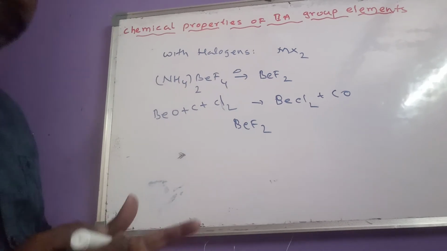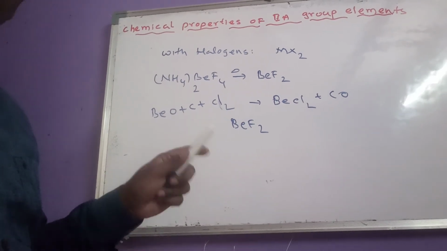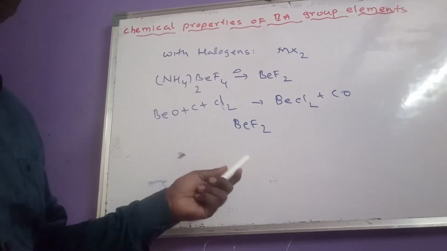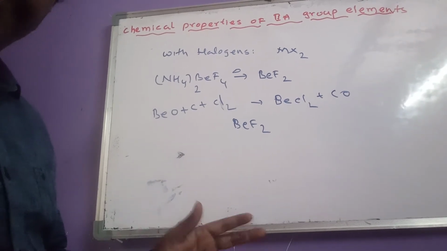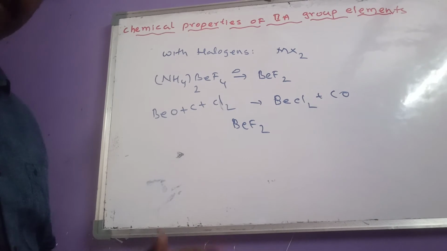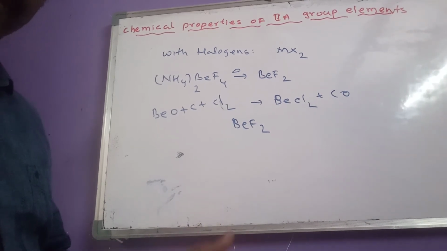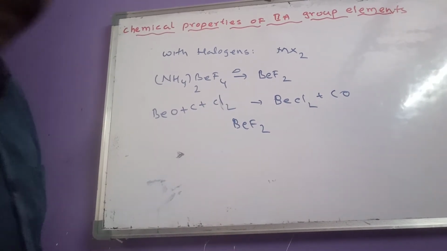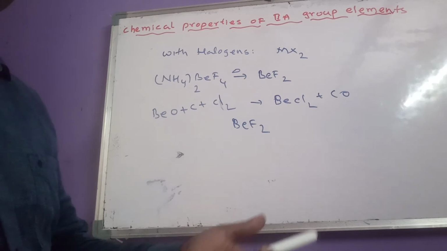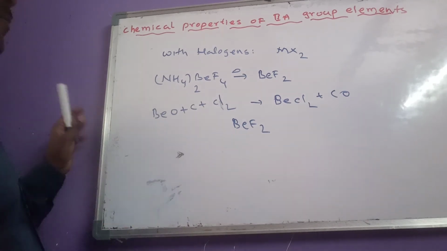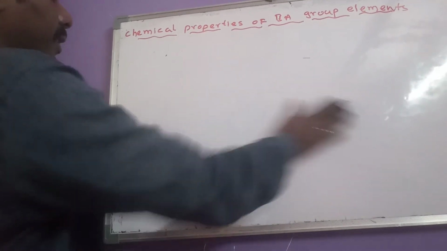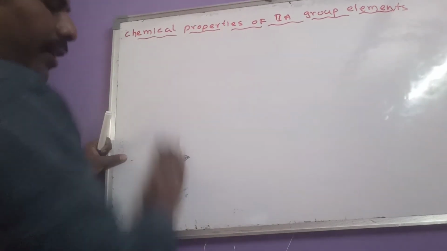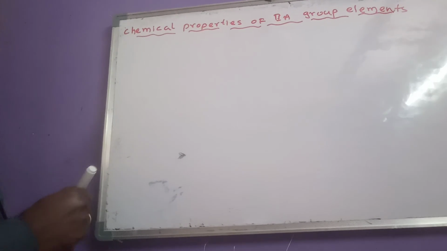Beryllium fluoride is soluble in water due to its ionic nature, but the remaining halides of beryllium are more covalent in nature, so they are much soluble in organic solvents like ethanol, CCl4, etc.